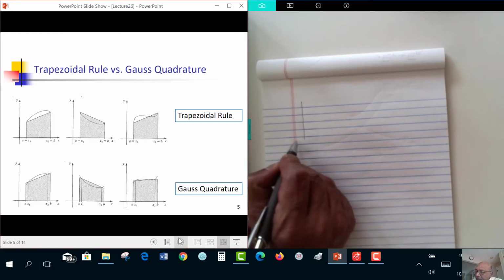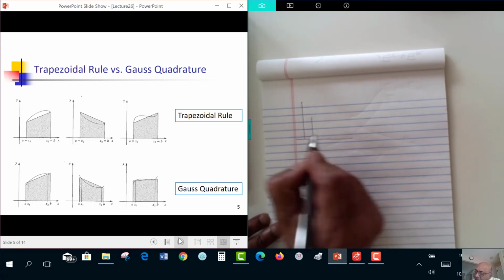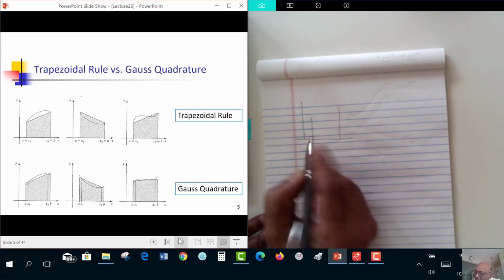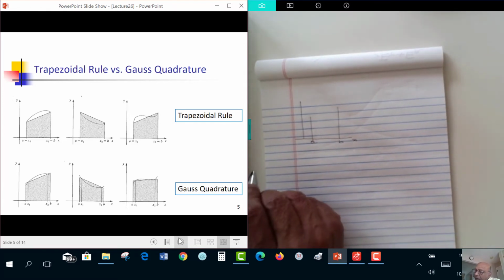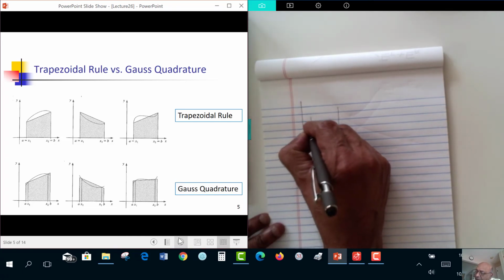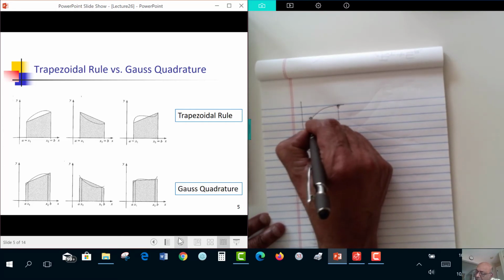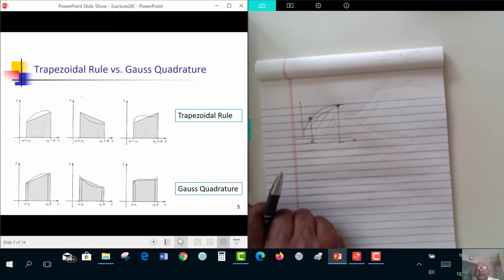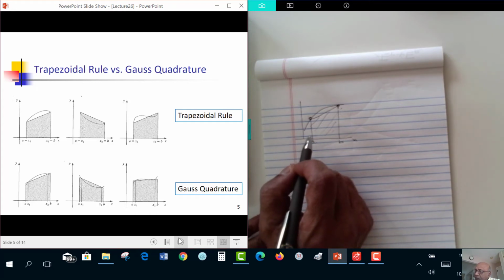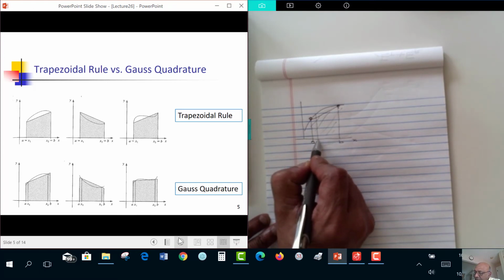Okay, so let's suppose that we wanted to calculate the area of one strip between A and B, this is X. And our curve looks something like this. So if you use the trapezoidal rule, it is going to underestimate this area. However, let's suppose I was allowed to use the trapezoidal rule, but at my own chosen nodes.